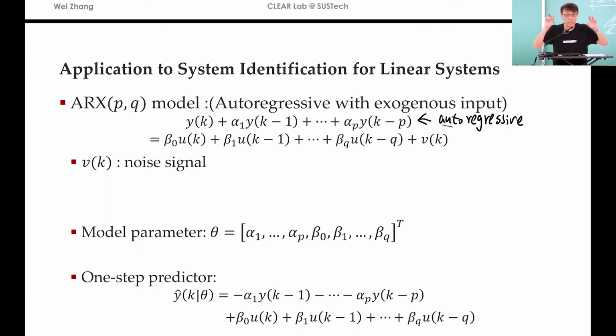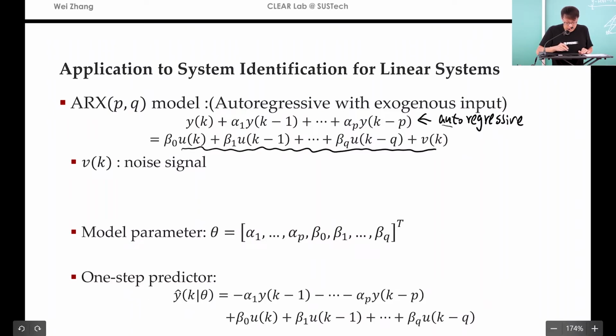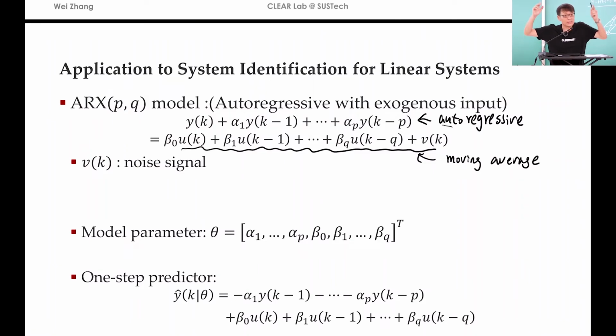So it's 2 terms. This term is almost like, if you do signal systems typically, a moving average term. The output is a moving average of the input. That's kind of a finite FIR type of filter.